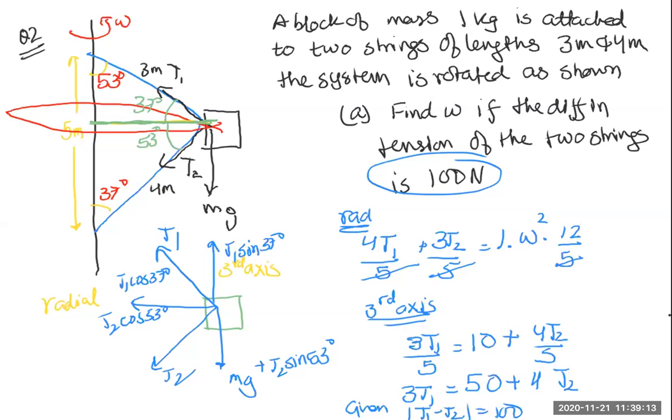Now I put a mod sign here because I don't know which one is greater. Okay? I can only guess कि ऊपर वाला बड़ा होना चाहिए. Now using these three equations, calculate T1, T2 and omega.